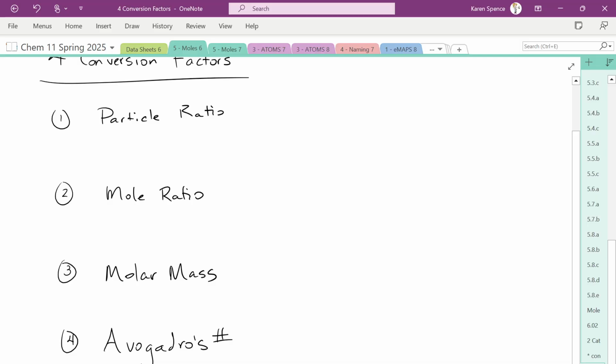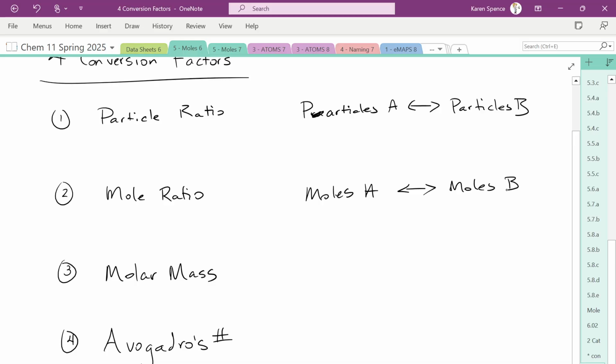Okay. So what do we use particle ratio to convert between? We use it to convert between particles of A and particles of B. Mole ratio we use to convert between moles of A and moles of B. What do we use molar mass to convert between?